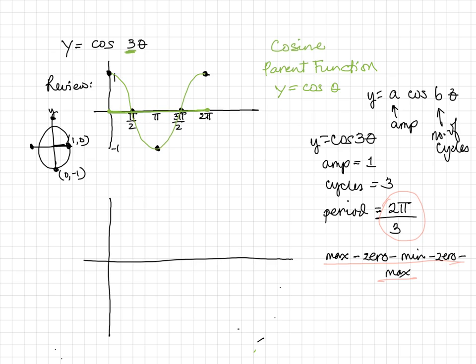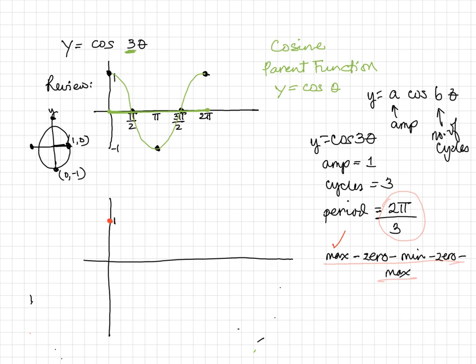In our graph, the first one is the maximum, it's just here.